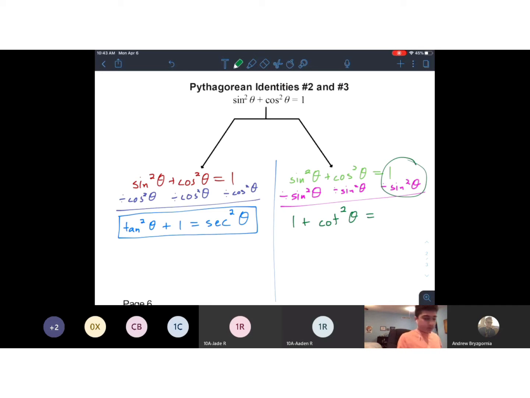Cosecant? Good, yep. So this last part is cosecant squared. And that gets us to the last Pythagorean identity: 1 plus cotangent squared equals cosecant squared.